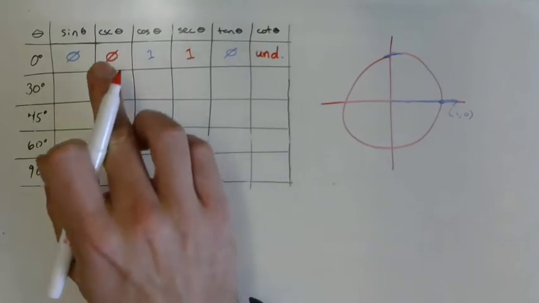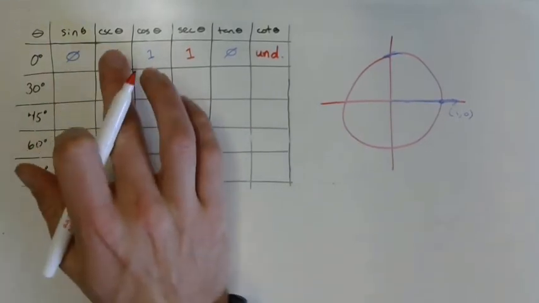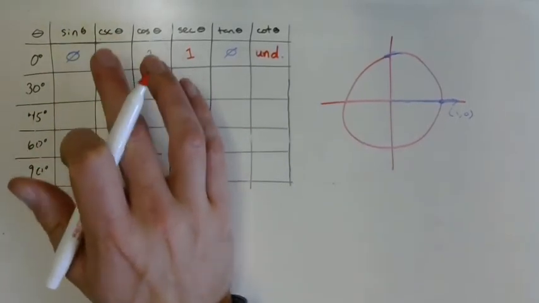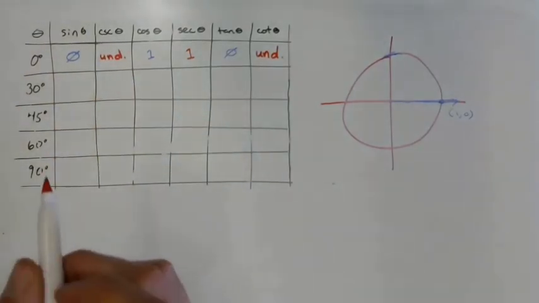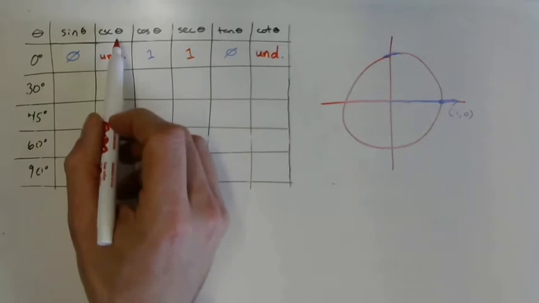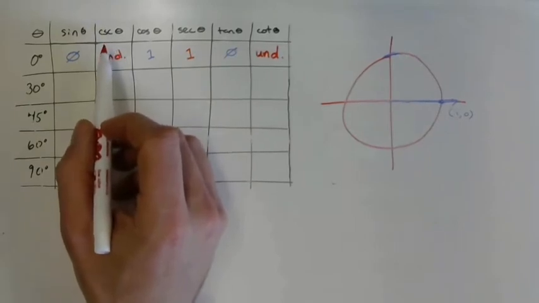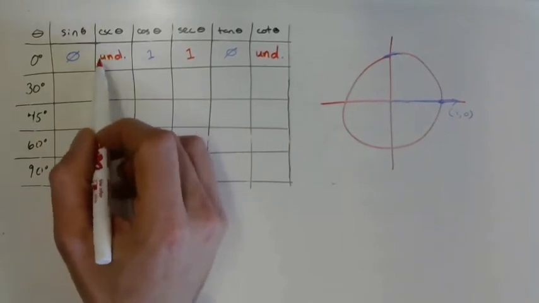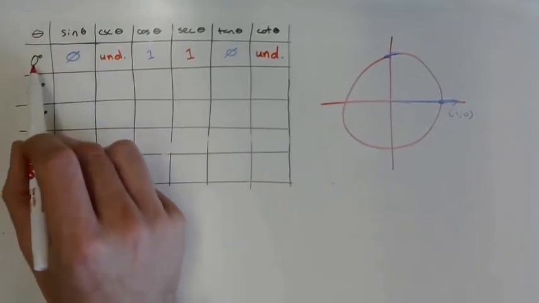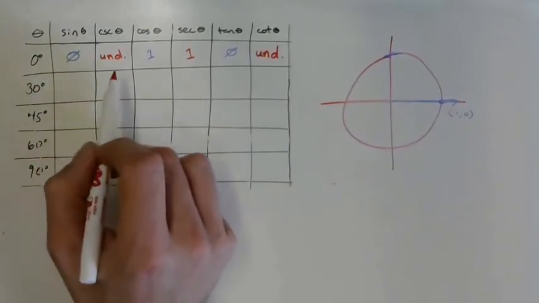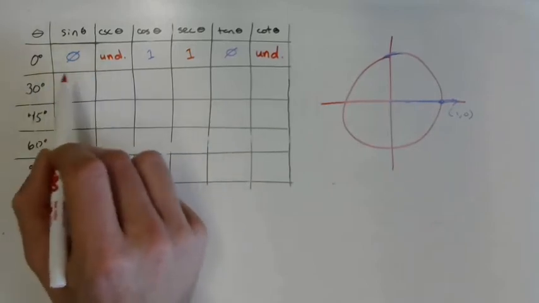There is no reciprocal of 0 because you can't have anything over 0. So this one is actually undefined as well. If you graphed the function cosecant of theta using technology, you'd find that the function does not cross the line theta equals 0. It's not defined there. It doesn't have a value.